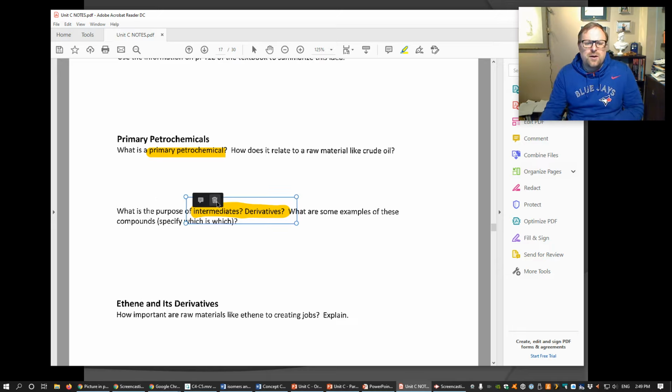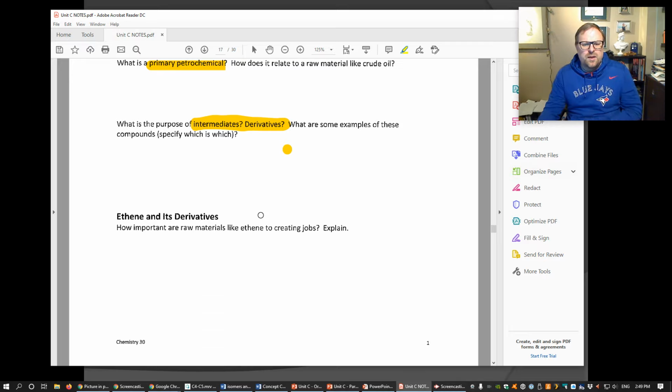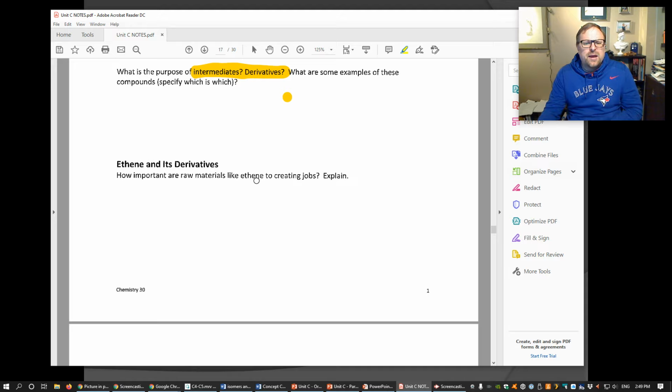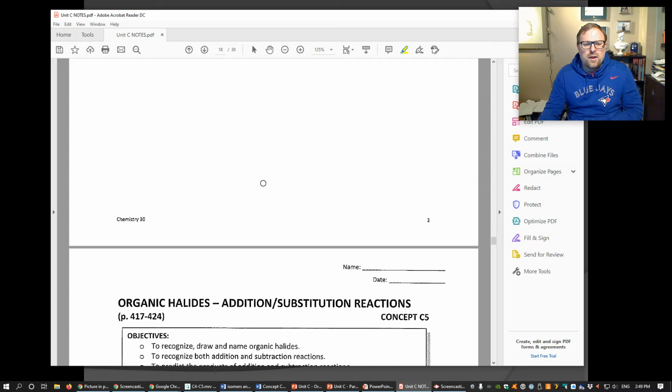Those compounds are derivatives, which are compounds that have gone through reactions to get to them eventually. I hope that makes sense as to what a derivative is. Dig into it a little deeper, but that's important. Understand a little about ethene and its derivatives and why ethene is so important, and we'll actually deal with it in the next section. That's really all I want you to do.